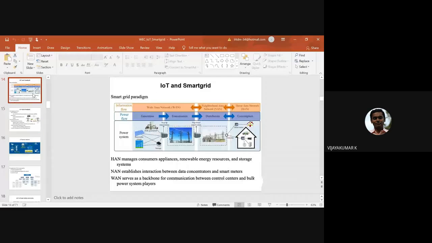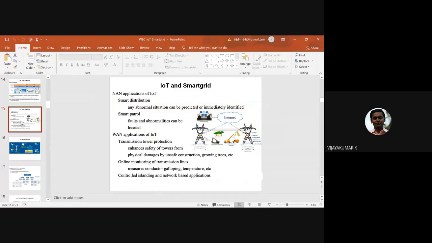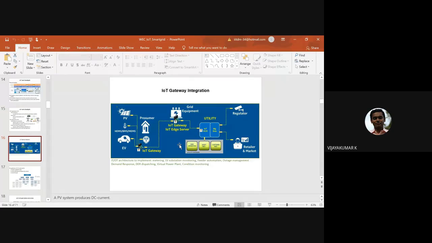So when we come into this smart grid system, we have the home area network, neighborhood area network, and wide area network. The wide area network is for monitoring and control of generation and transmission systems. The neighborhood area network is for controlling the distribution systems and aggregating all the components in the home area network. So this is an IoT gateway integration.